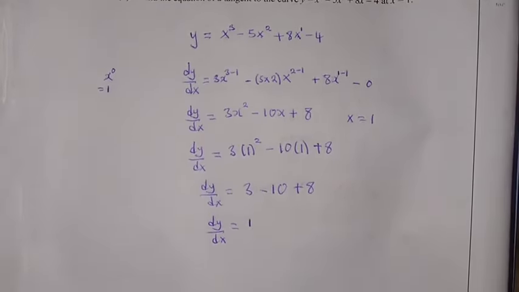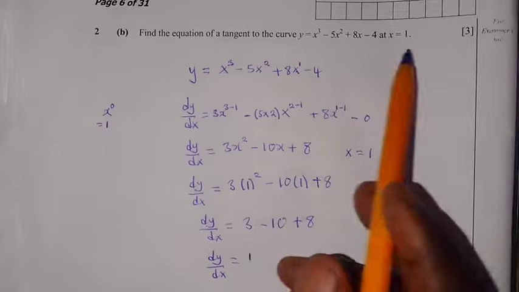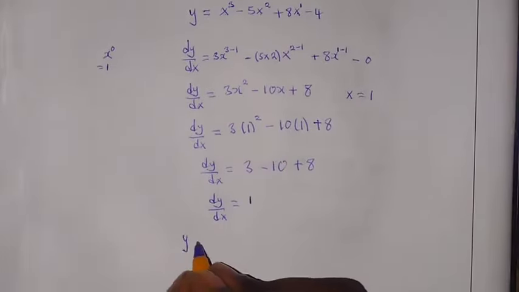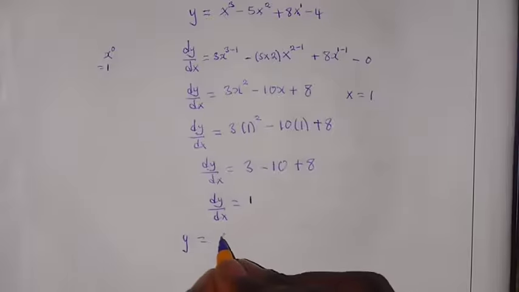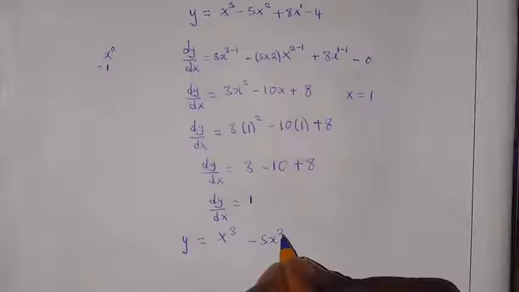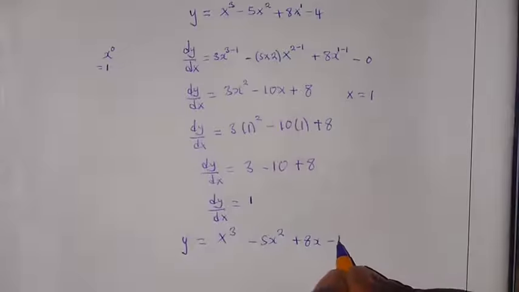So after finding this gradient now, let us now write this same function that we are given. Okay, so we'll say y is equal to x^3 minus 5x^2 plus 8x, then minus 4.